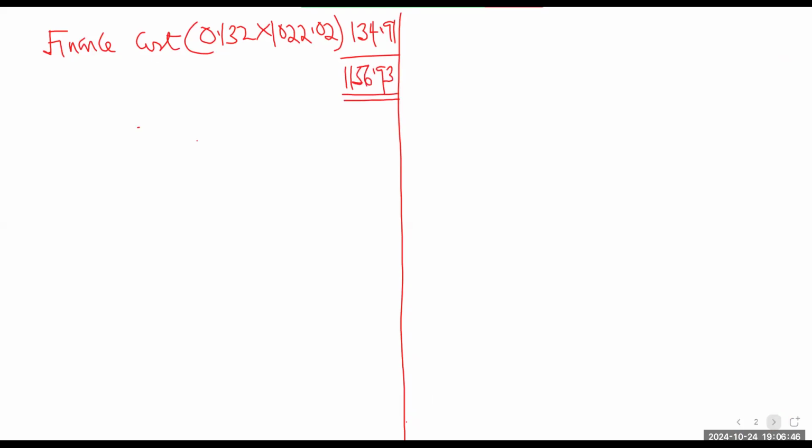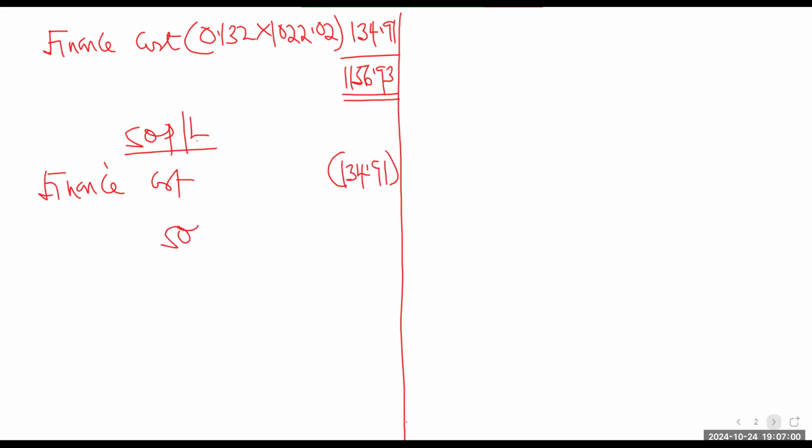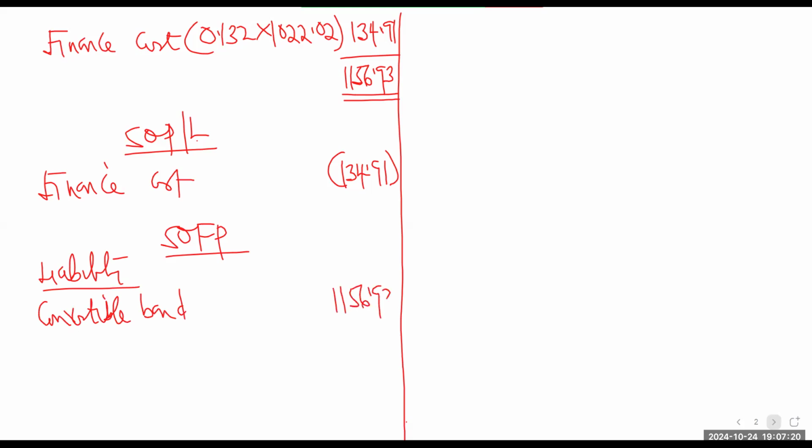So you come to your statement of profit or loss. You have your finance cost of 134.91. Statement of financial position: you have your liabilities here, then you have your convertible bond to be 1156.93.